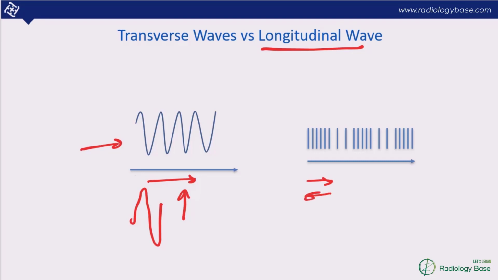In compression, the particles are closer to each other, whereas in the rarefaction they are separated. But the movement is in the direction of the wave, not perpendicular. In the transverse wave, the movement of the particle was perpendicular to the progression of the wave direction.